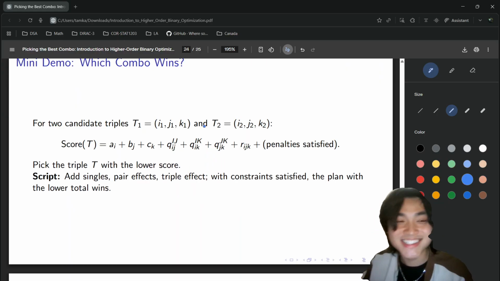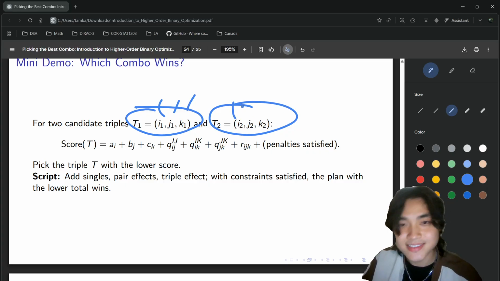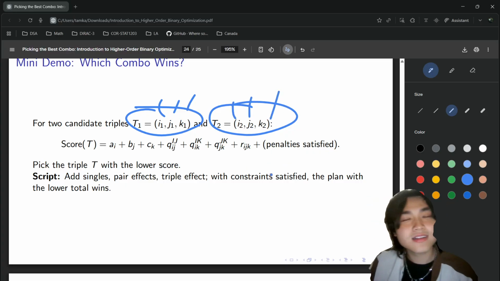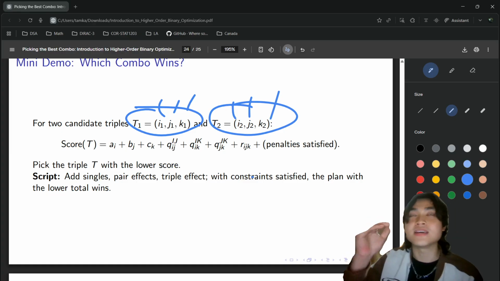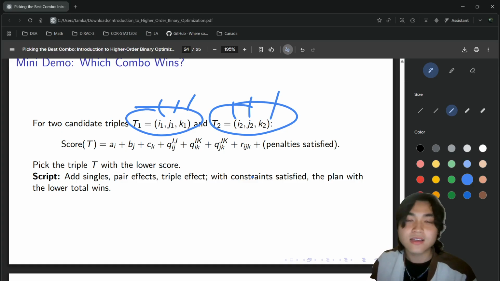Okay, now to summarize. Say we have two candidates here. We have three features. Now, what does cubic or our Hilbert optimization do in this case?